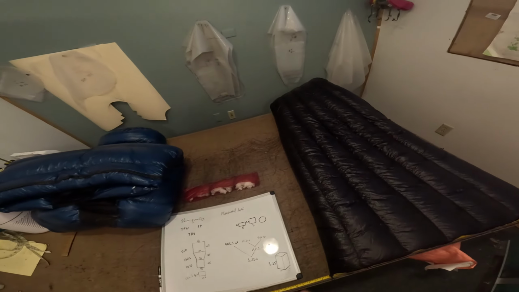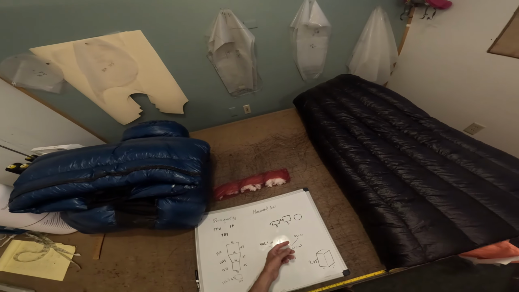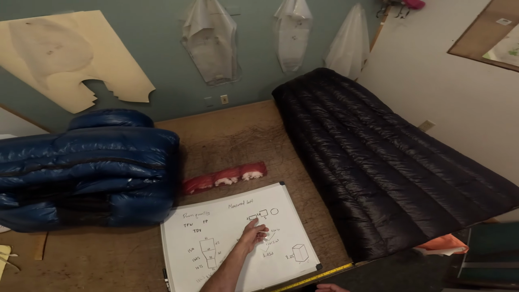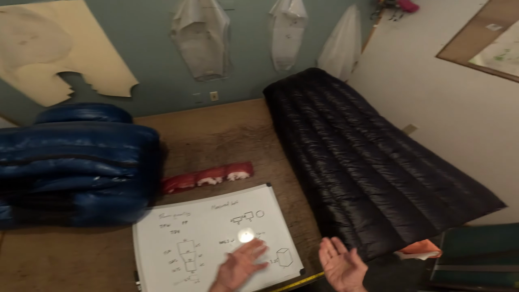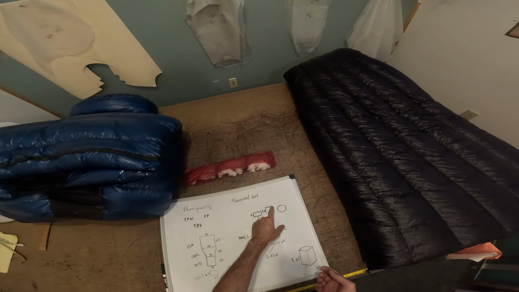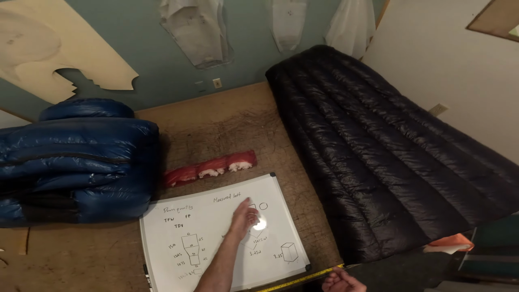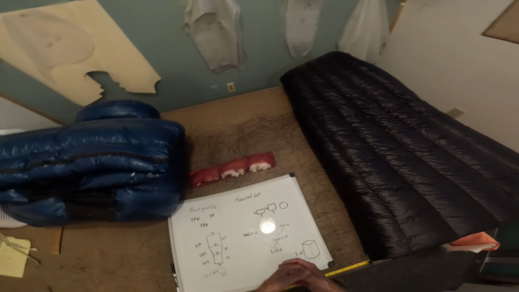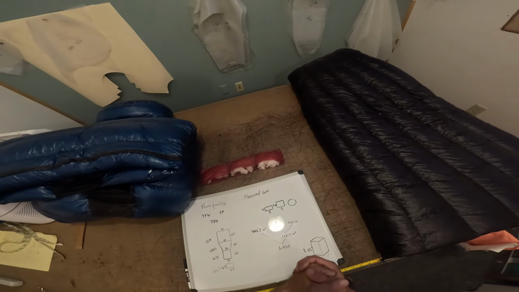In this one in particular, we've got a 5-inch wide chamber with a 2-inch tall baffle, and then they have 3.25 calculated loft in that space. So, when you take this volume of down and you put it into this volume of a chamber, you get a chamber profile that looks like that with 2-inch tall sides and a certain amount of shell puff.